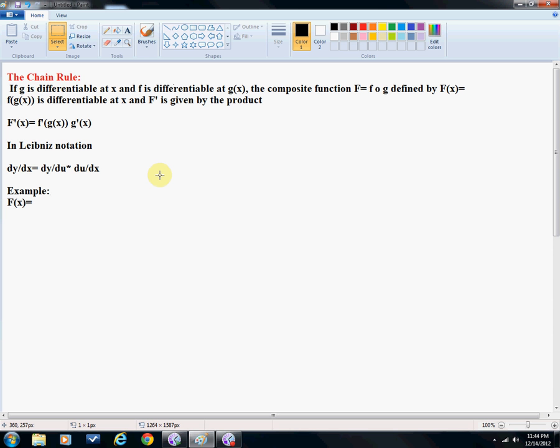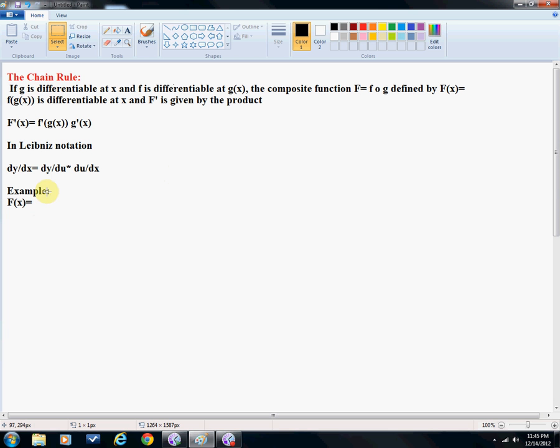In Leibniz notation, it is described as dy over dx equals dy over du times du over dx. So this is just taking the derivative of what's inside the function, which is supposed to be another function.